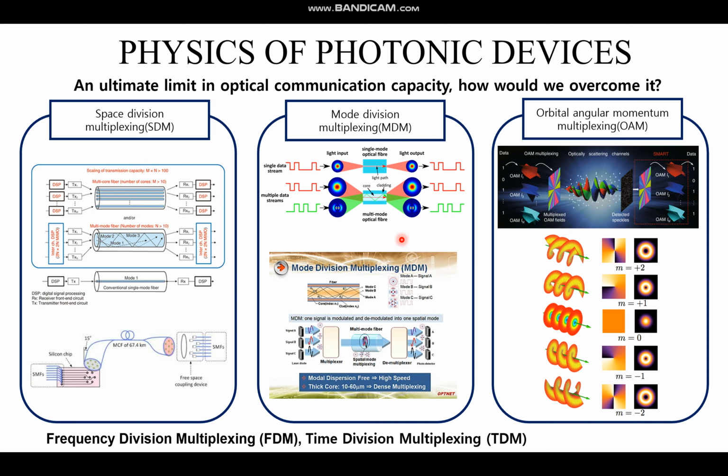And one thing is mode division multiplexing, where light propagating in the multi-core fibers makes many kinds of modes, such as the LP1 mode and LP2 mode, because of the Helmholtz equations. And each individual mode has a different effective refractive index in the optical fibers.